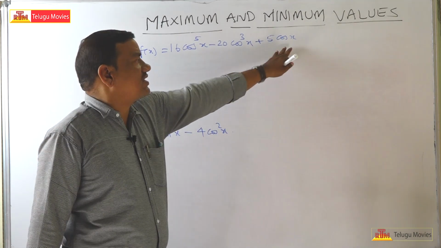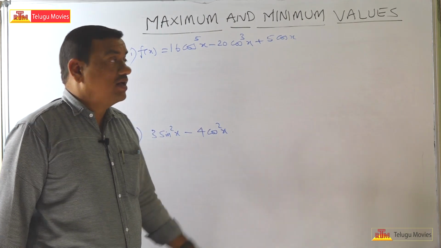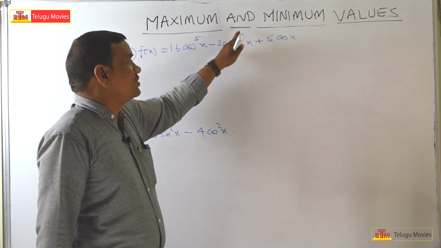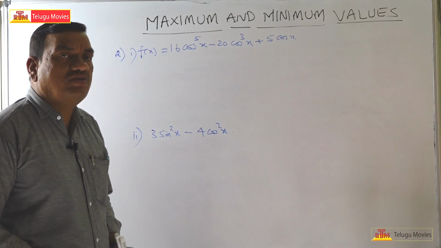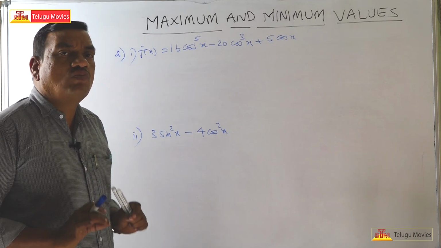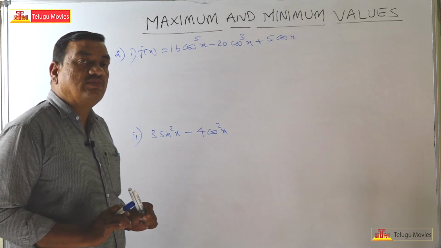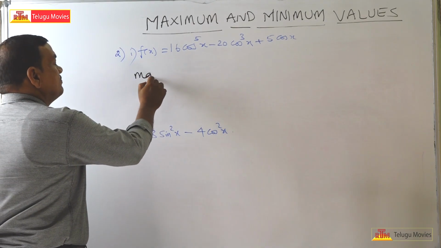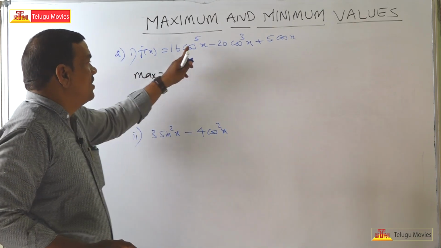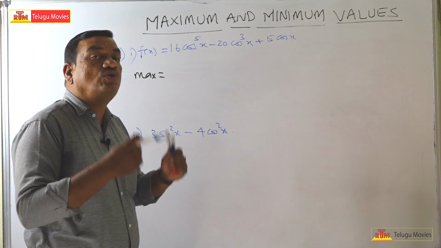The first function is completely in cos x, but cos power 5 is there, cos cube is there, and cos x is there. How to find out the maximum and minimum value? The very easy small trick is, what is the maximum value of cos x? 1. So the maximum value of this function is given by putting 1 wherever cos x is there. Why?